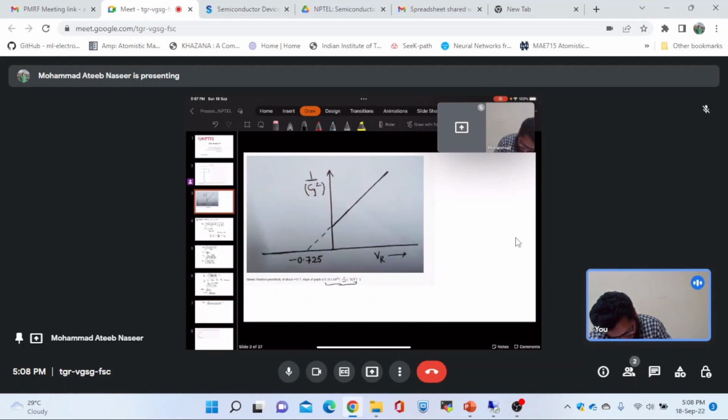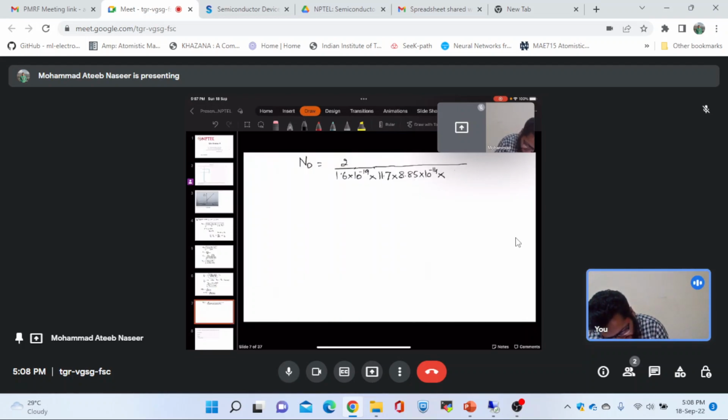Slope is 6.15 into 10 raised power 15. So let me solve this expression to obtain the value for the donor concentration Nd.